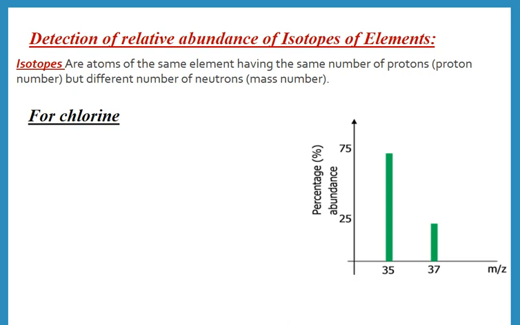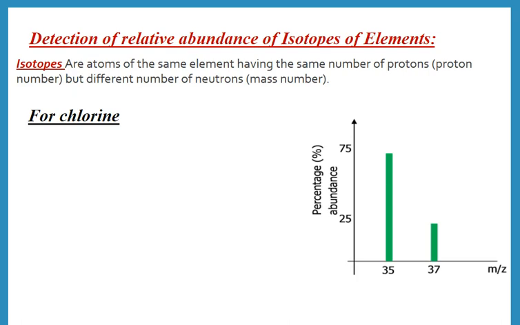If I'm analyzing something like chlorine, this is the kind of spectrum that I would get. I will find that I have 2 peaks in my spectrum for chlorine. The first thing this will tell you is that the chlorine has 2 main isotopes. So when I get 2 peaks in the analysis of an element, that means I have 2 different isotopes for chlorine.